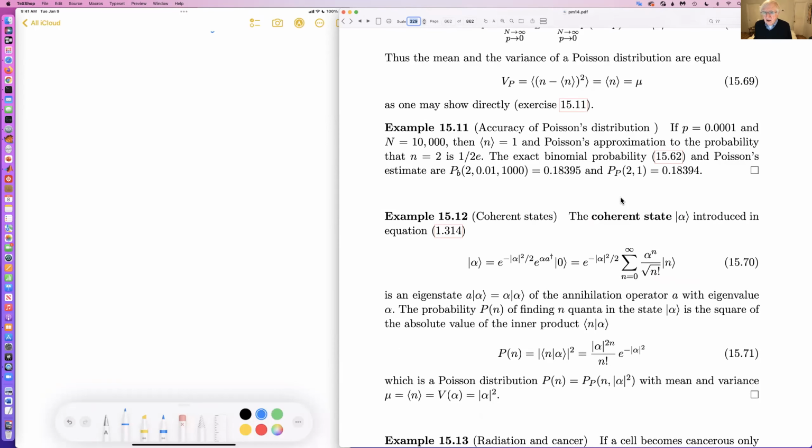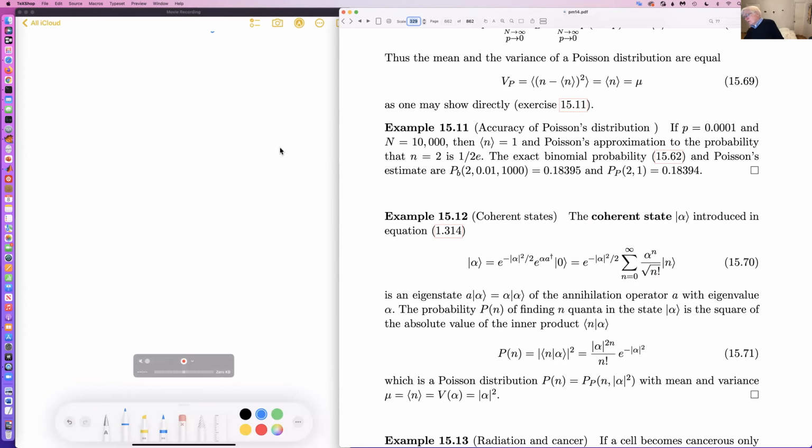And so then we can ask, well, how accurate is Poisson's distribution compared to the binomial distribution, which is exact? Let me just raise this a little bit more.